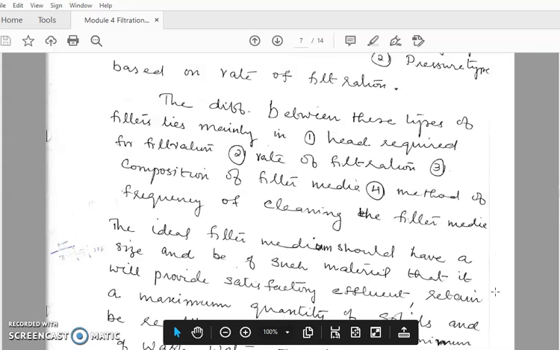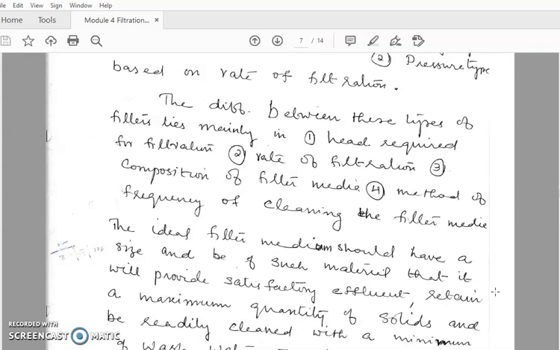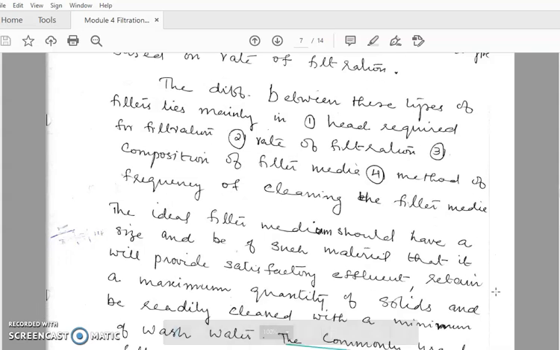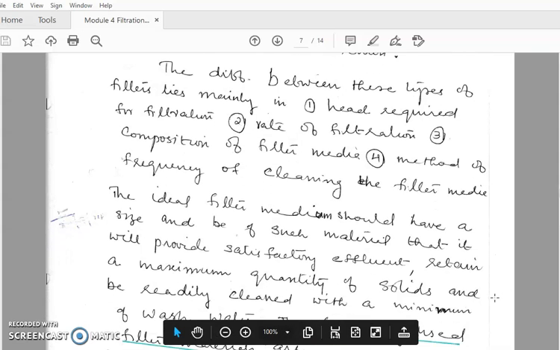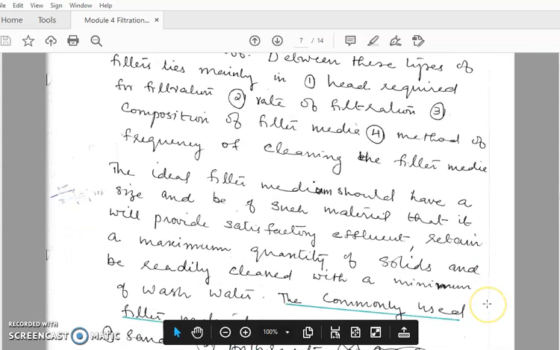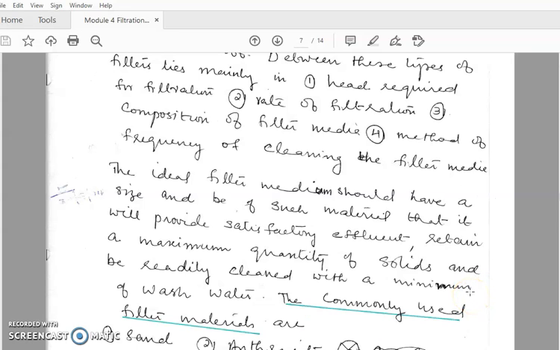The ideal filter medium should have a size and be of such material that it will provide satisfactory effluent, retain a maximum quantity of solids, and be readily cleaned with a minimum of wash water. So this is the fundamental prerequisite for a medium through which the water can be filtered.